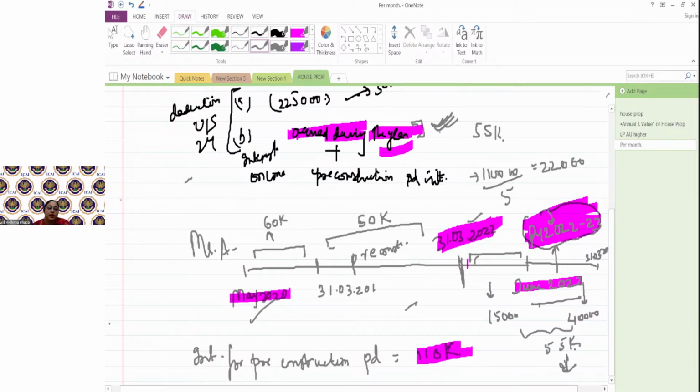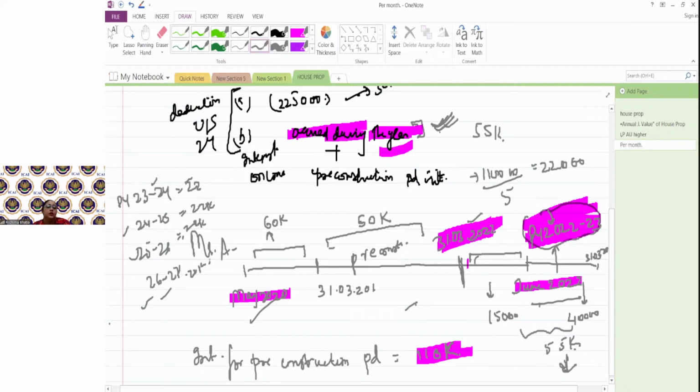Then the remaining 4 installments would be claimed in previous years 23-24, 24-25, 25-26, and 26-27. Every year I will claim 22,000 along with the interest which is getting accrued in the respective years.